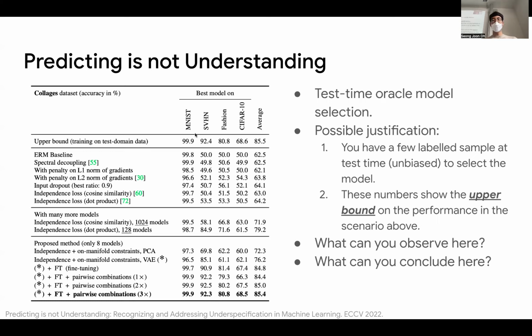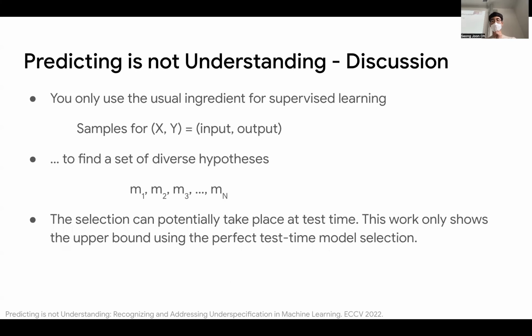Because we are using the fact that we know we're looking for MNIST labeling, or SVHN labeling. So this number here corresponds to the scenario where you have a few labeled samples from the test time domain, okay? So that's the important bit. And that's also how you can justify their way of measuring performance here. So yeah, they are making use of test time labels in this case.